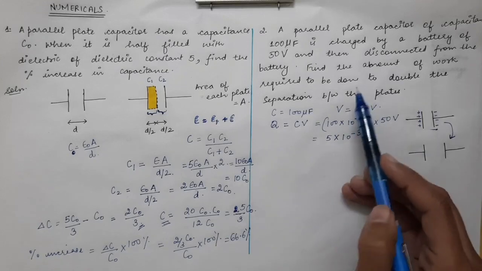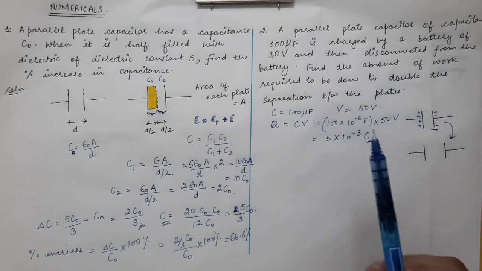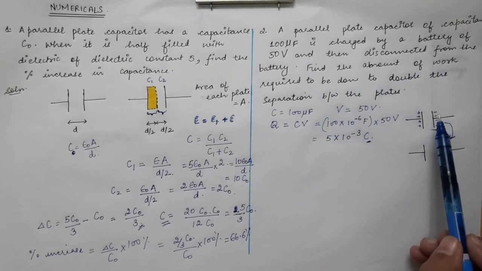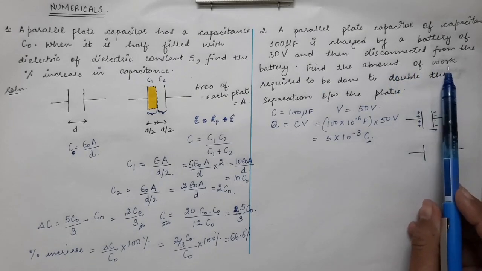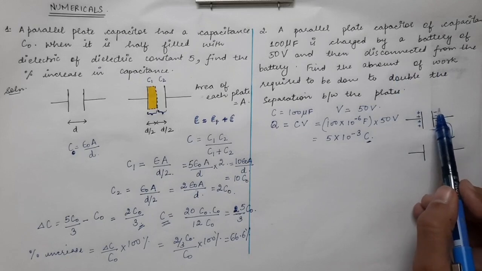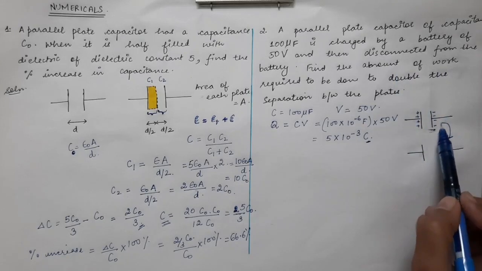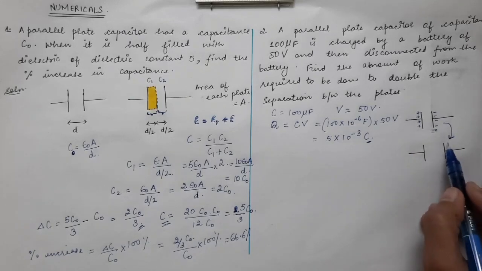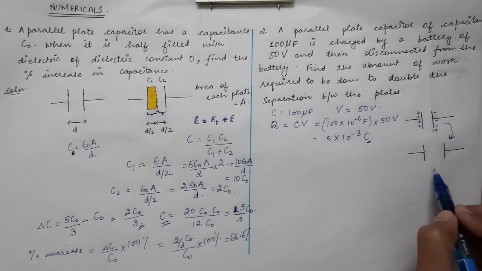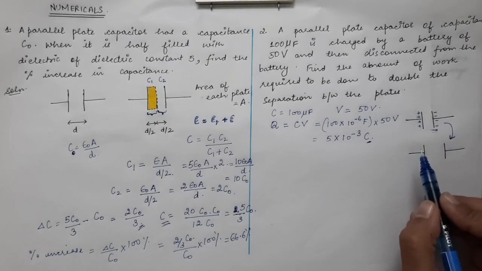So now we want to find the amount of work that we must do. So first of all, how do we find the amount of work? We will find out the potential energy which is stored in this first capacitor. Then we will find the potential energy which is stored in the second capacitor.